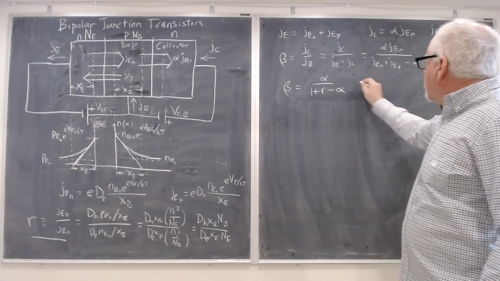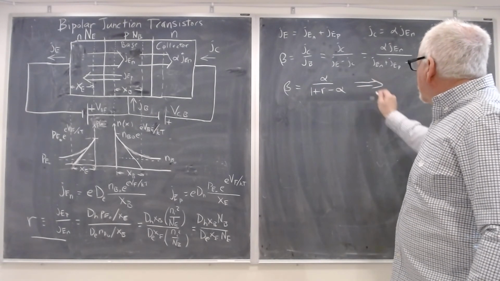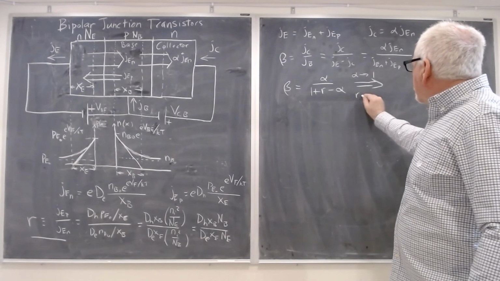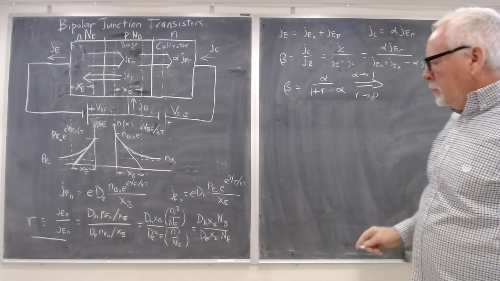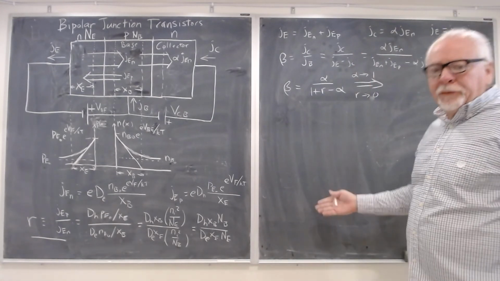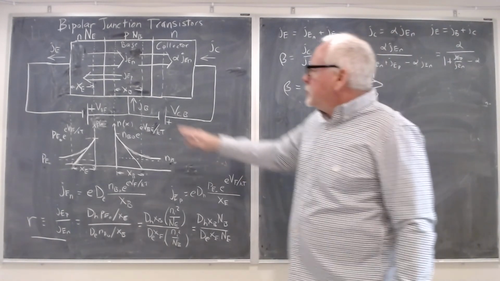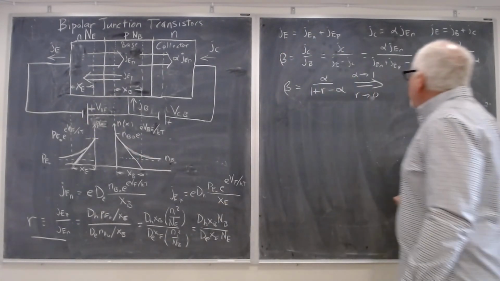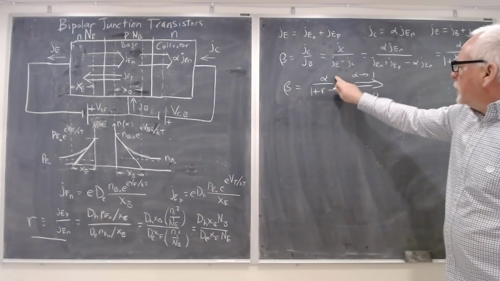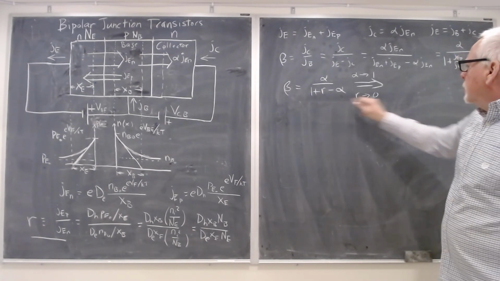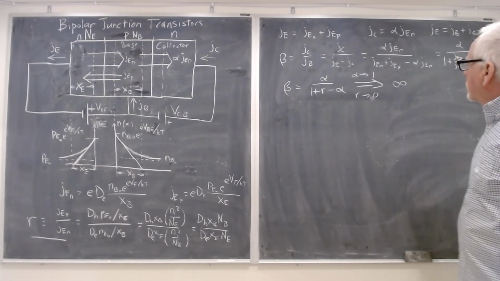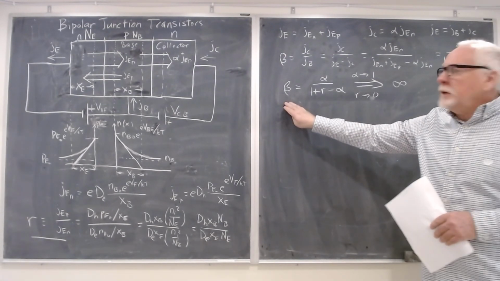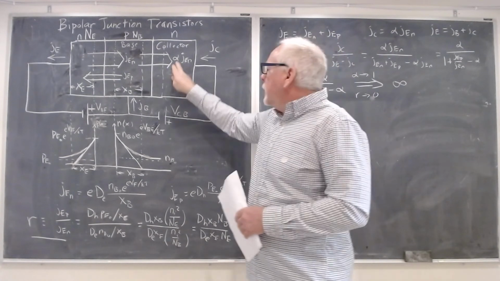Now what you see is that for alpha going to 1 and R going to 0, remember that's our perfect situation. Our perfect situation is this, the ratio of this to that goes to 0. In that case, this becomes 1 over 1 plus 0 minus 1, infinity. So in order to get as high a current gain as possible, we want alpha to go to 1.